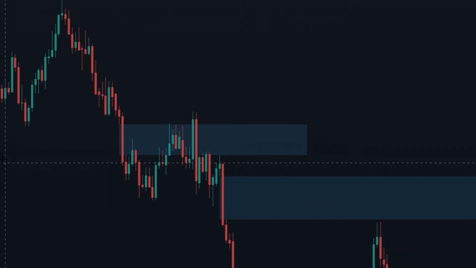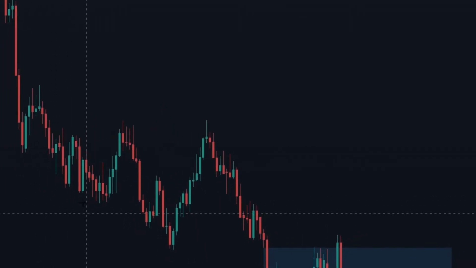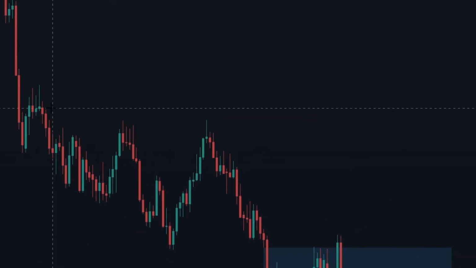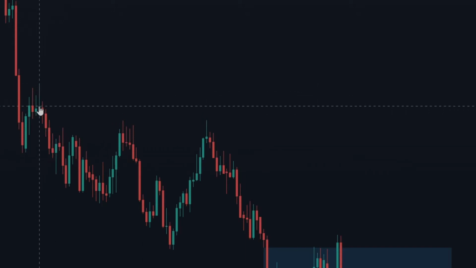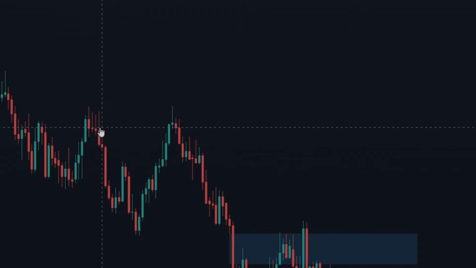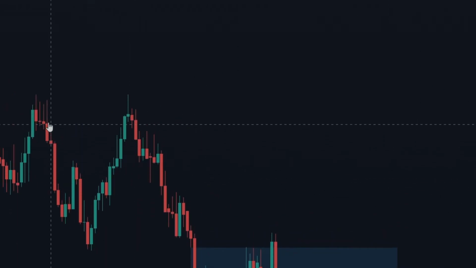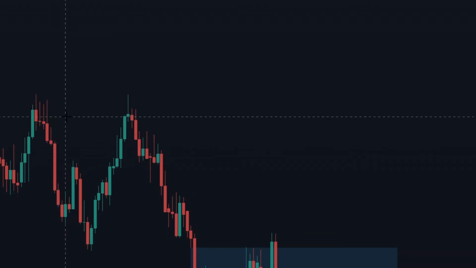Let's find an example very quickly of an order block that is not valid. You could go something like this. Candle before an impulsive move. Actually no, let's go here. This one's a bit better. So a candle before an impulsive move, so here's your impulsive move that leaves behind an inefficiency.